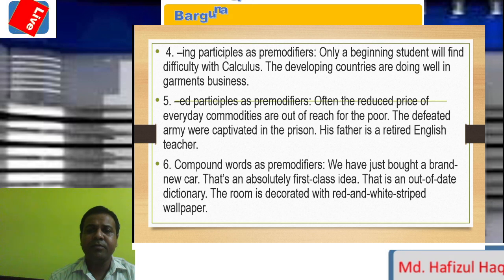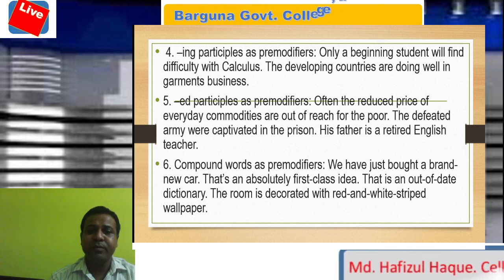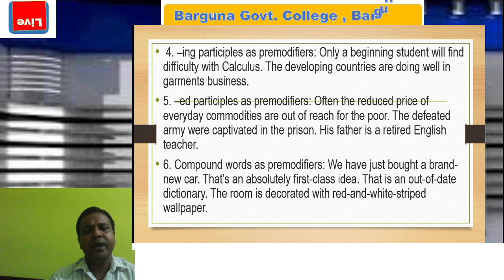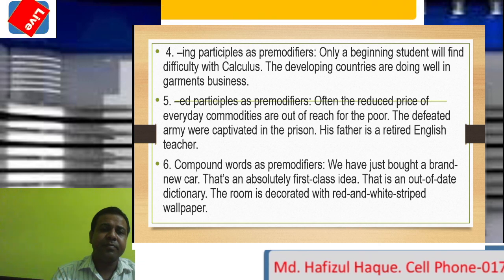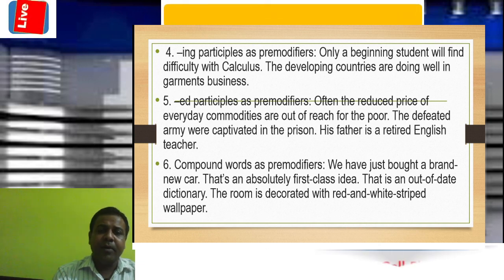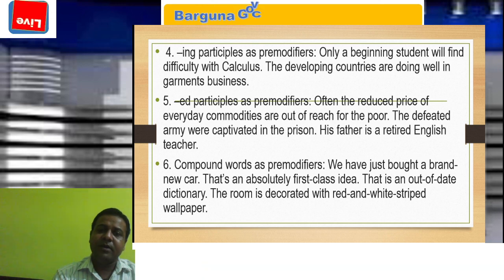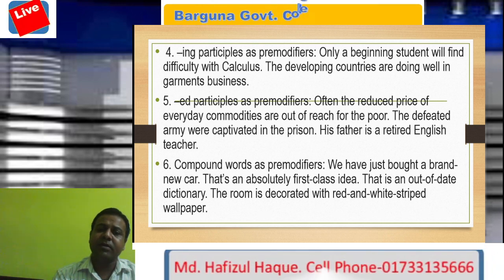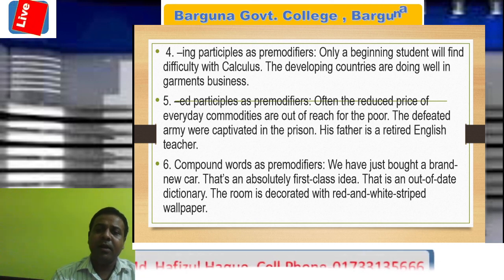Often the reduced price of everyday commodities is out of reach for the poor. In this sentence, you will notice the reduced price. Here, reduced is the verb in its reduced form, that is the past participle.